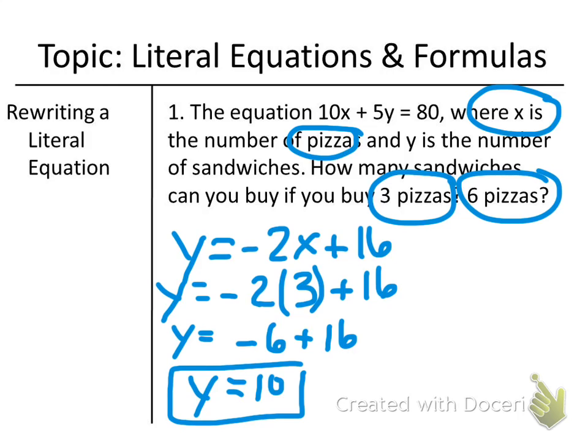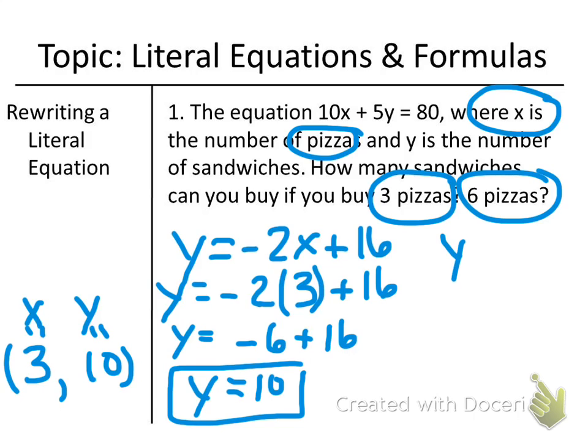So for the first one, we write when x is 3, y equals 10. That would be 3, 10 as the ordered pair. Now for the second one, we need to do the equation again, except this time we're going to put in 6 pizzas.